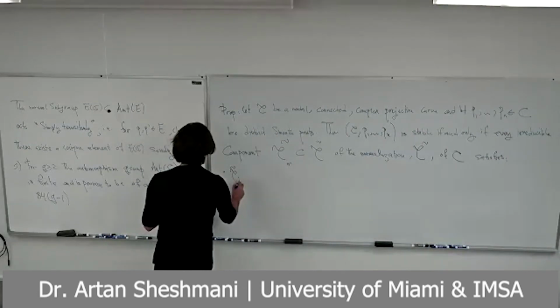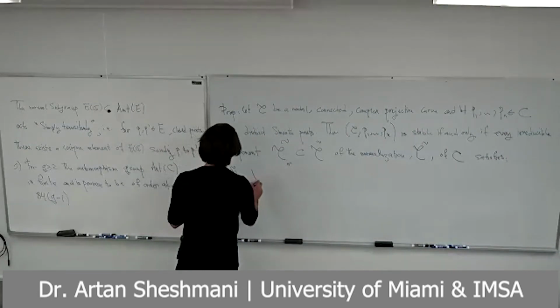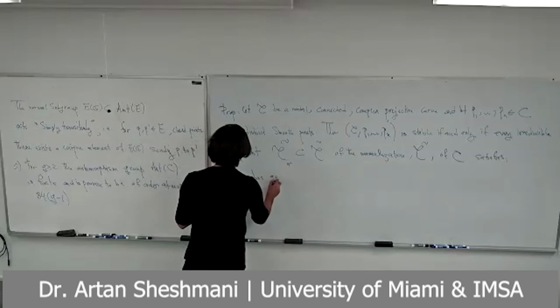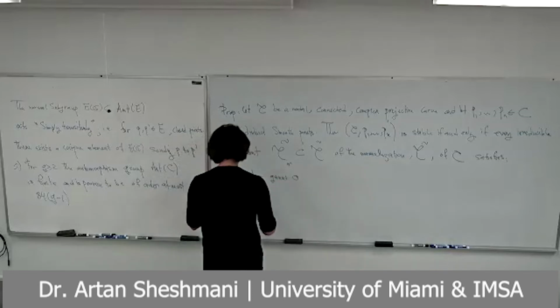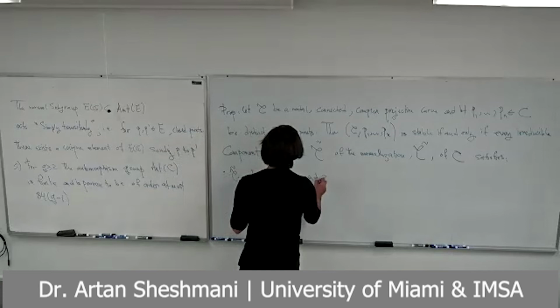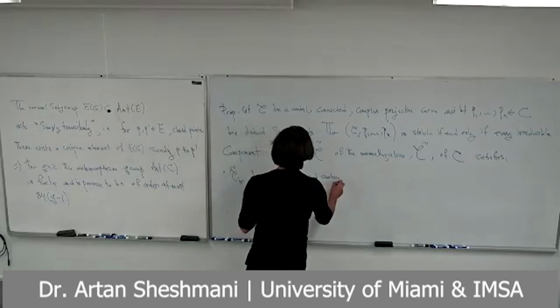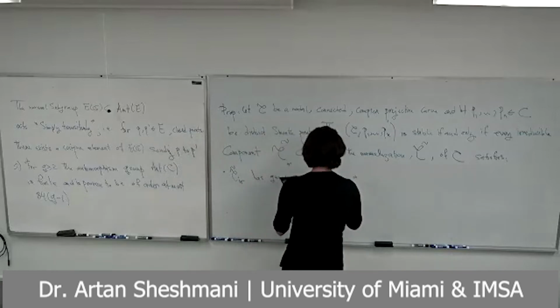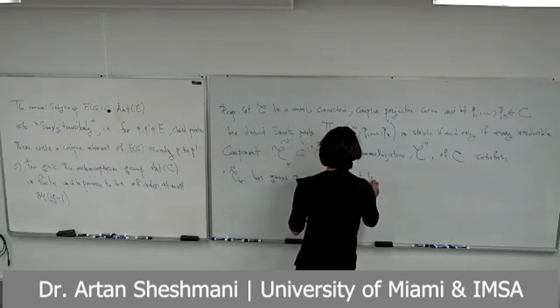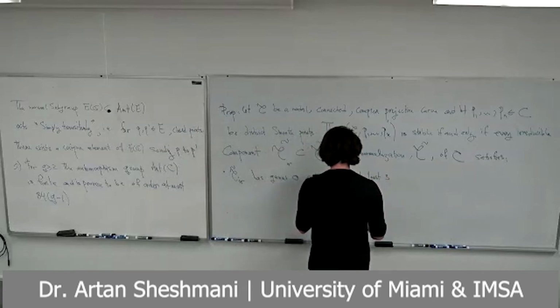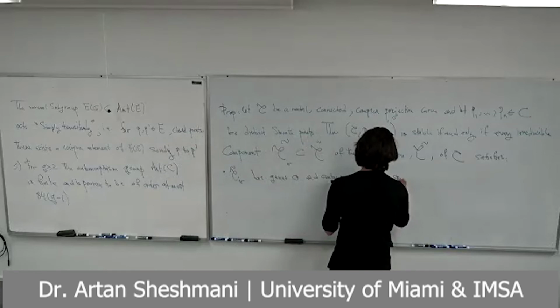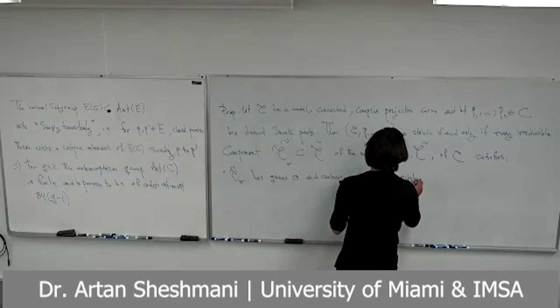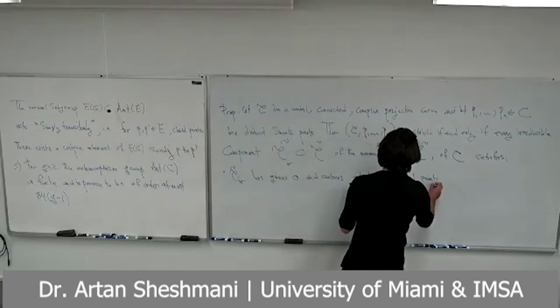C tilde IR has genus 0 and contains at least 3 special points.